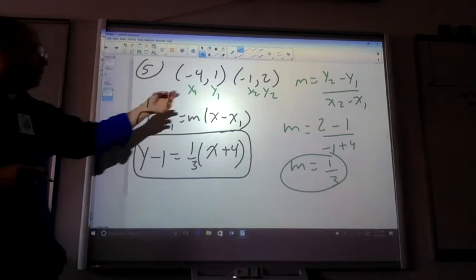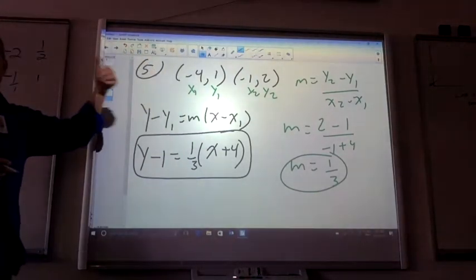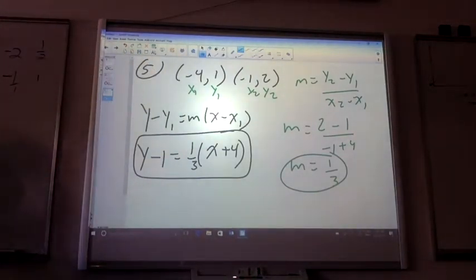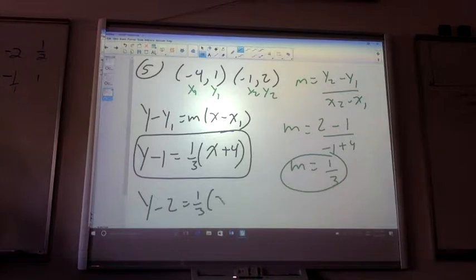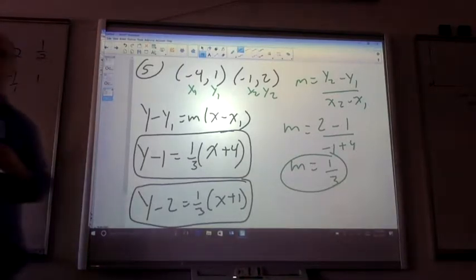That's a good argument. But what happens if the person labeled this x1 and y1? They're still going to get the same slope. And again, the answer could be flip-flopped, so you can come up with an answer of this. Minus minus 1, so plus 1. Which answer is correct? They're both correct. Okay? Yeah.